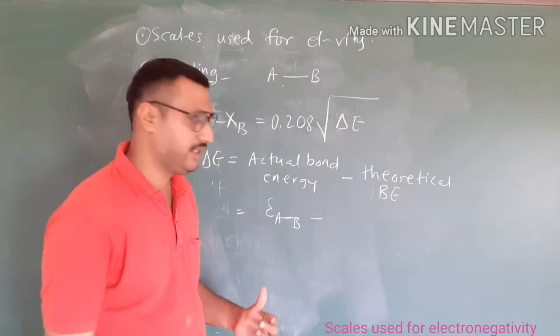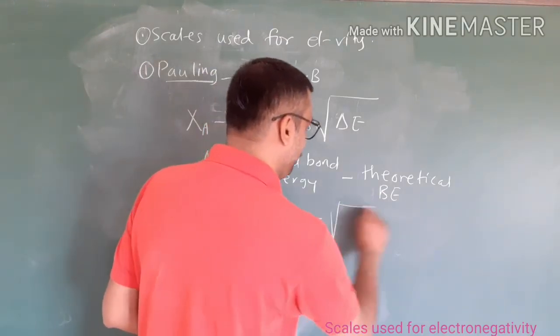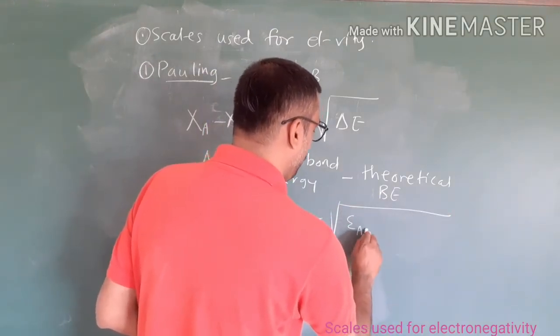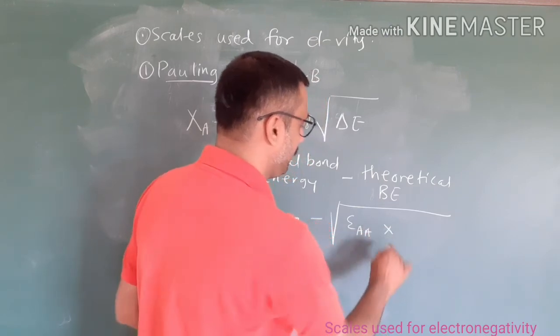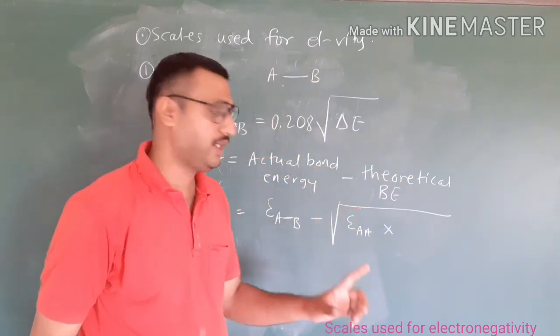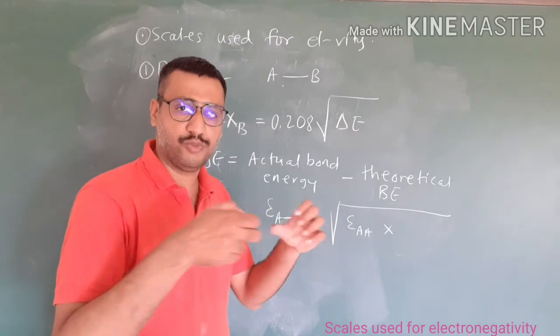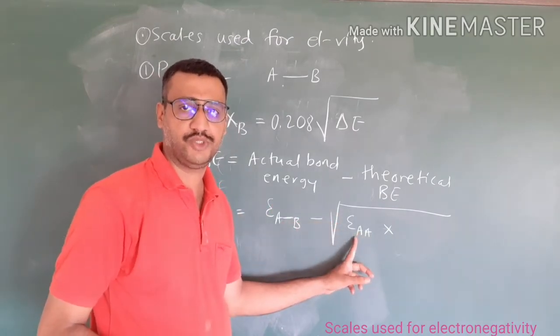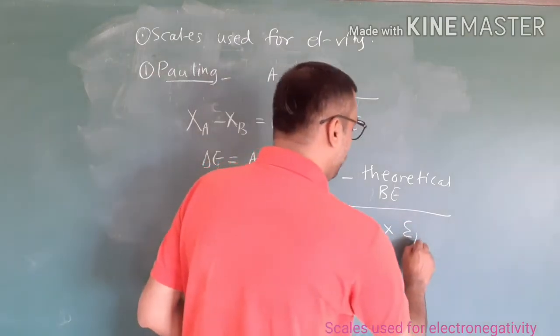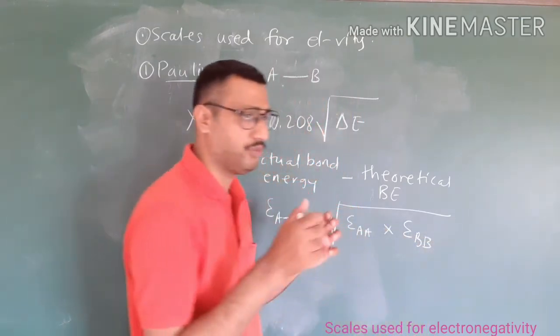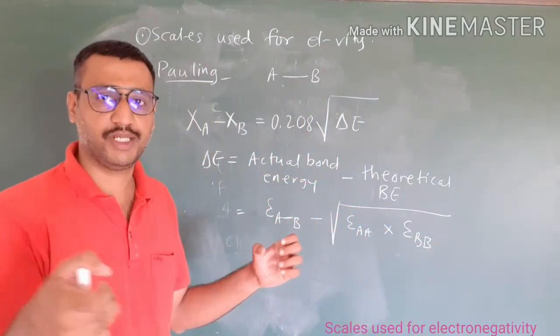How is it determined? To determine the theoretical bond energy, we should take the bond energy for bond AA. Now we should take a molecule A2. To break the A2 molecule, the amount of energy required should be multiplied by BB, meaning we take the B2 molecule and the amount of energy required to break that B2.